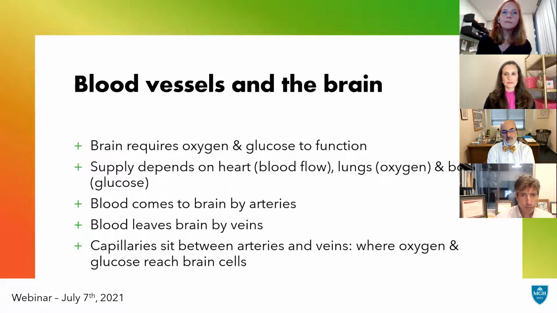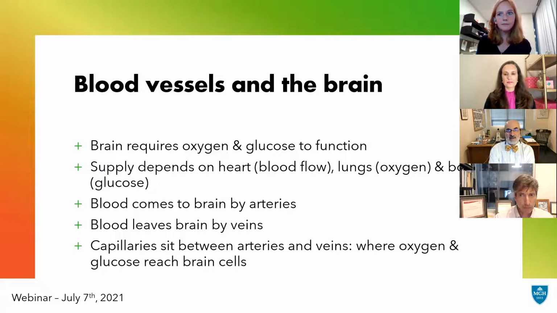So I just wanted to step back a little bit and talk about why blood matters to the brain. So the brain really is a pig. It is massively demanding of both oxygen, what comes in through your lungs, and glucose in order to function. It basically uses about 20% of your body's glucose while only taking up about 3% of your body's volume and mass.